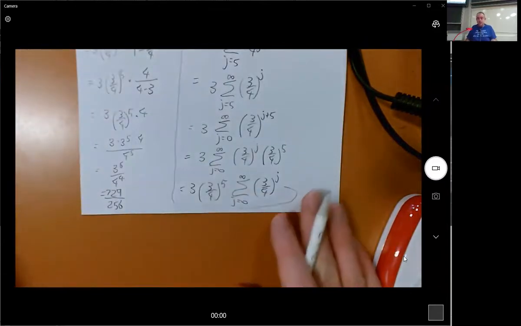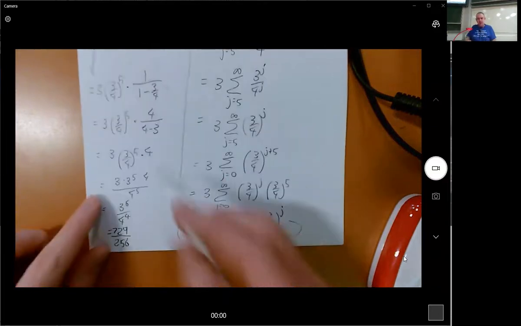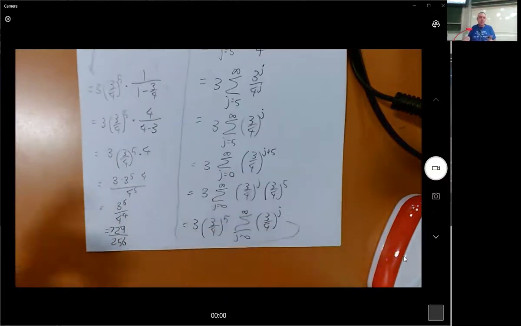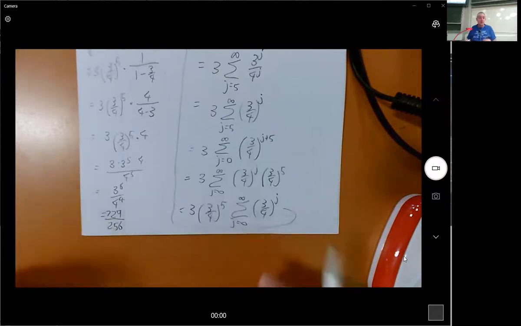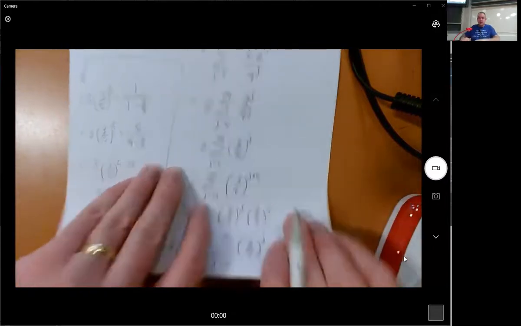Cool. Probably would have been okay if this was an exam. If I had stopped maybe here, that would have been okay, I reckon. Yeah. Anyway, I do have a value. Looks like it's a bit more than 3. All right. Let me try the next one.